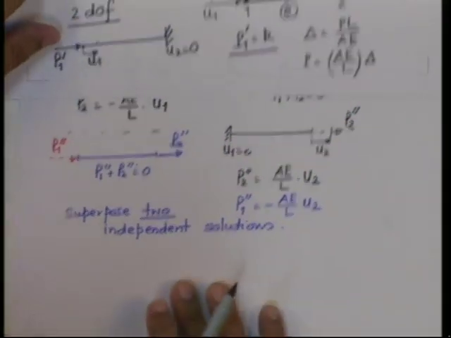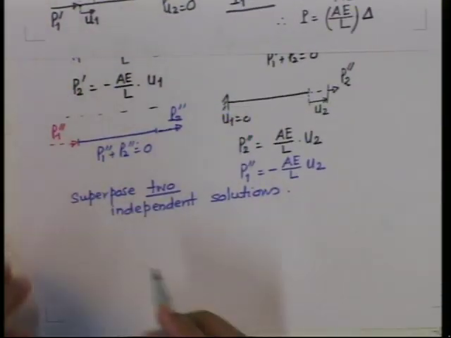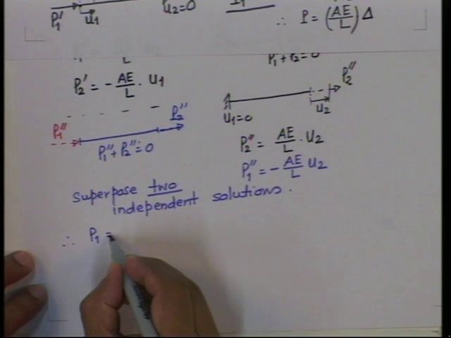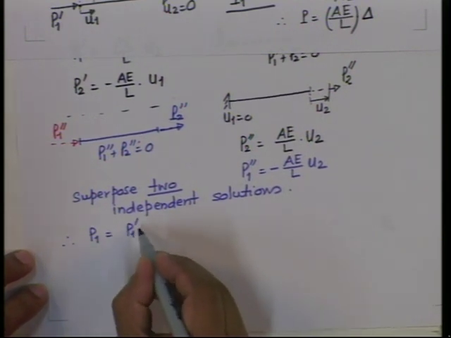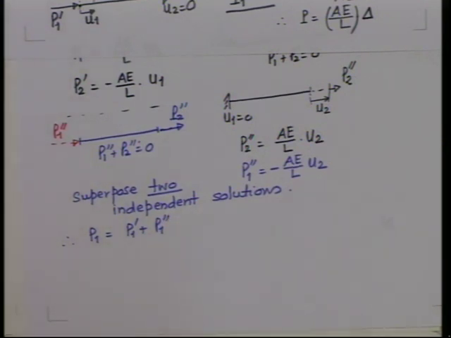That will represent my diagram, and therefore I will have P1 equal to P1 dash plus P1 double dash. I hope I have made it clear.